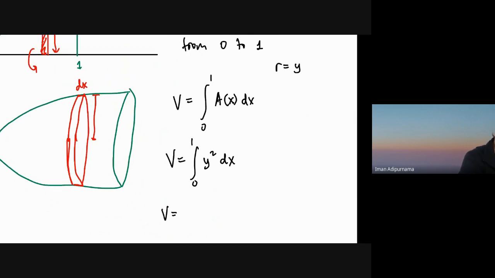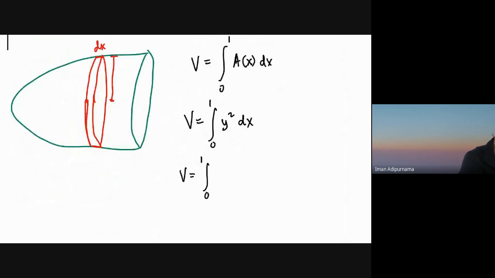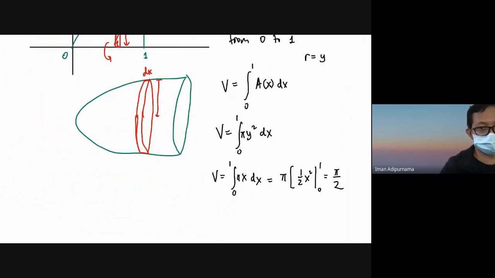Y squared is just x, so we have the integral of pi x dx, which gives pi over 2.